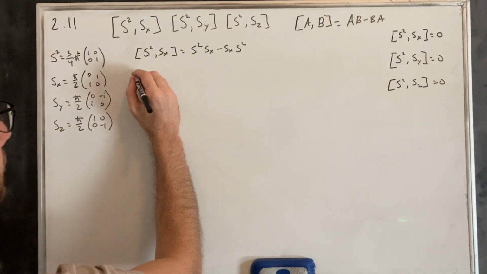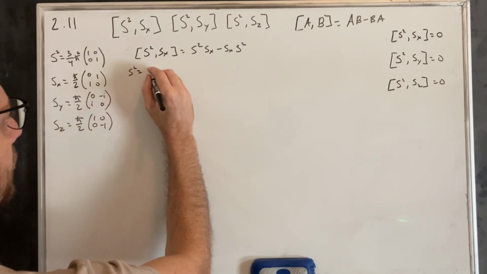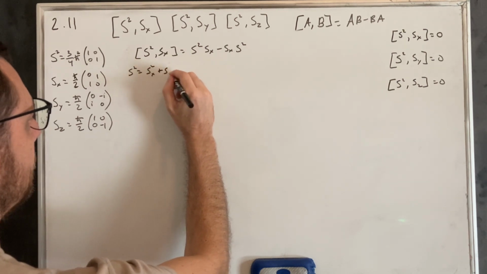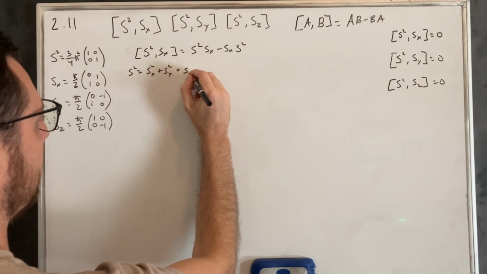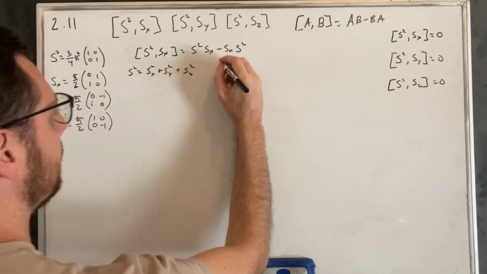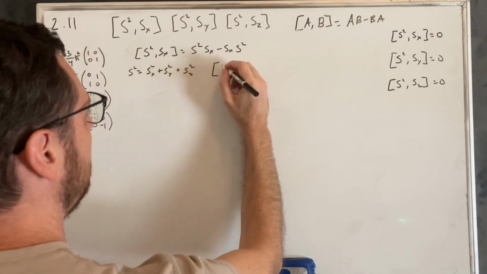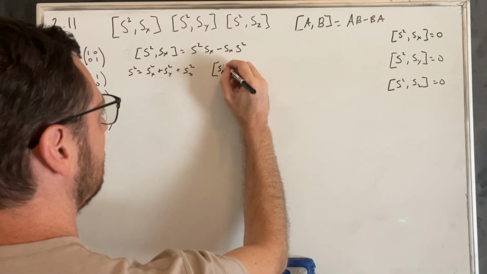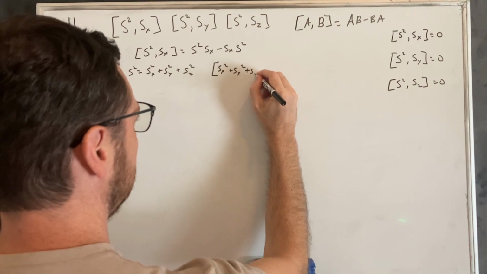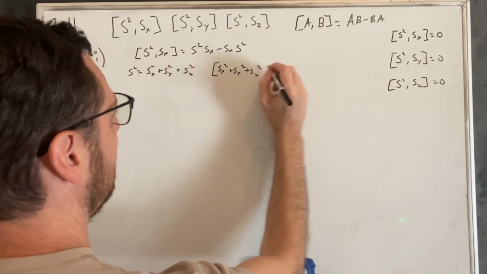We also know that S squared is equal to Sx squared plus Sy squared plus Sz squared. So we can say that S squared here is really Sx squared plus Sy squared plus Sz squared, comma, Sx.